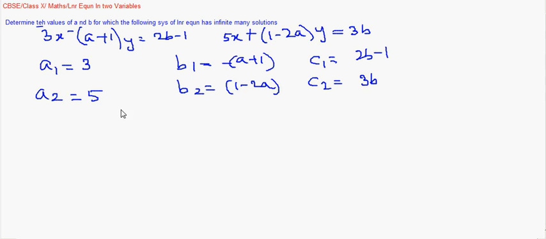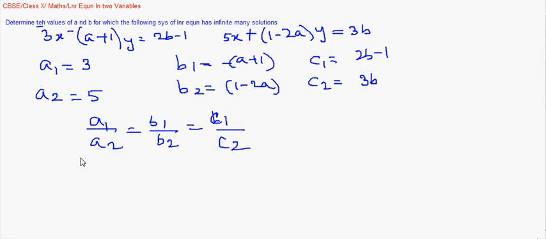So I'll just write down the condition and then you can solve as we did the previous questions, because we also had taken one question with the infinite number of solutions case that gives us A1 by A2 equals B1 by B2 equals C1 by C2. Simply replace these values and solve the two equations you get.